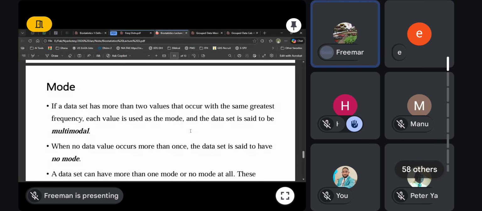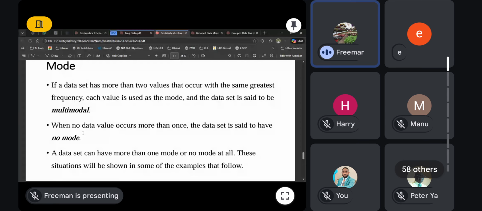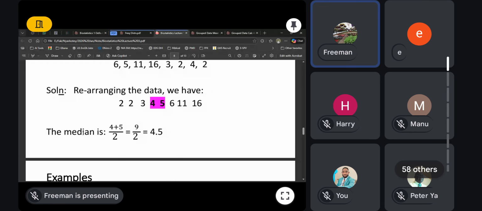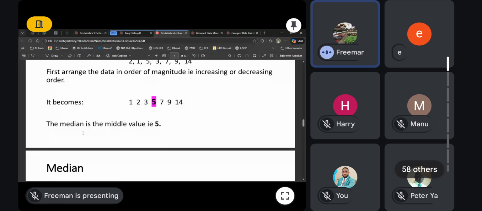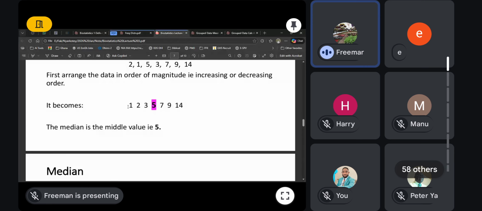So when the data set has several modes, we say it is multimodal. And if there is no mode, like this one, when you look at this data, all of them occur once.